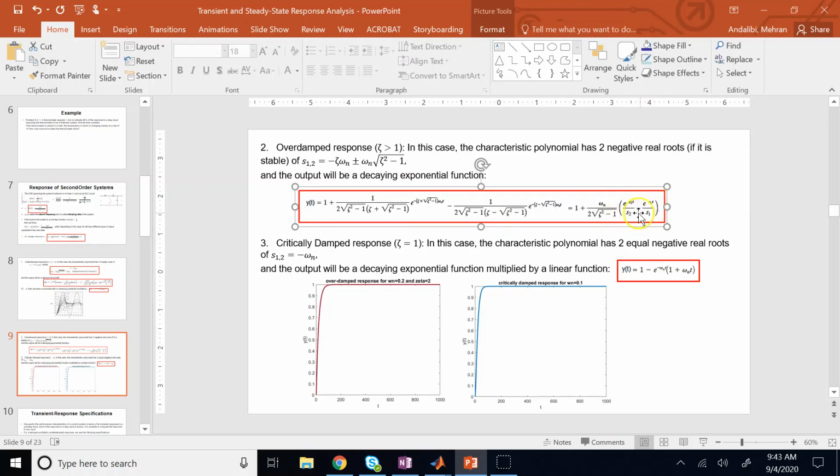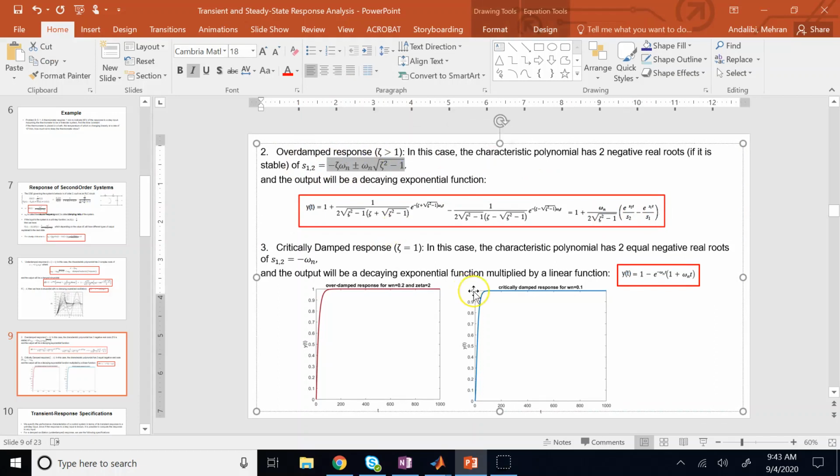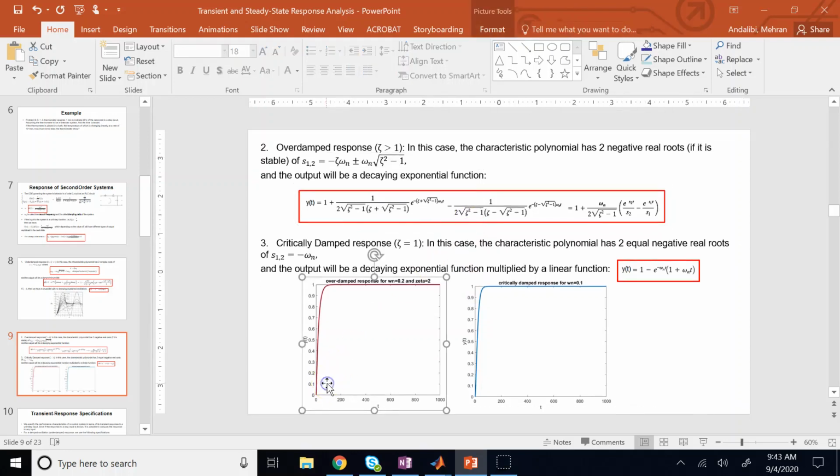Exponentials, both with negative exponents. One of the exponentials is e to the s1 t, the other one is e to the s2 t, and s1 and s2 are what? These two roots of the denominator, and both of them are negative. I can easily show you both of them are negative. So your response will be like this. There will be no oscillation in it. You start from the initial condition and then what? Exponentially converge to the final value of 1.